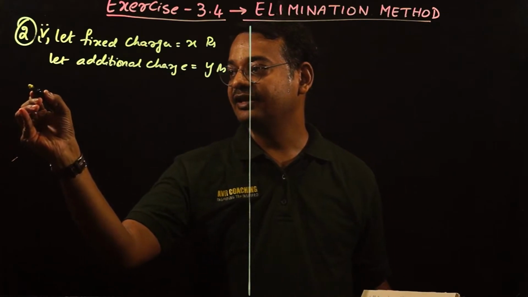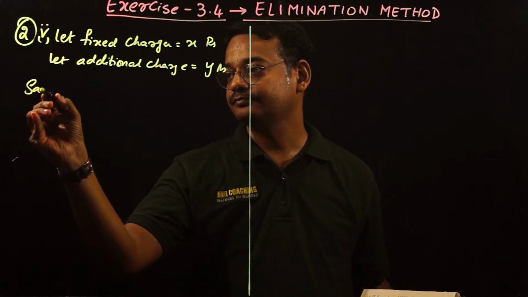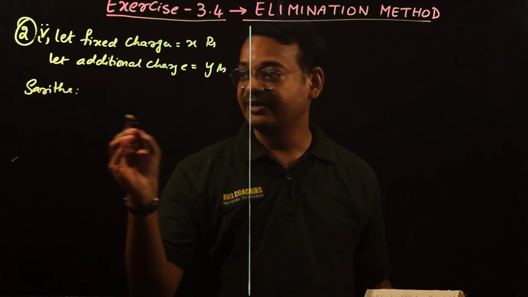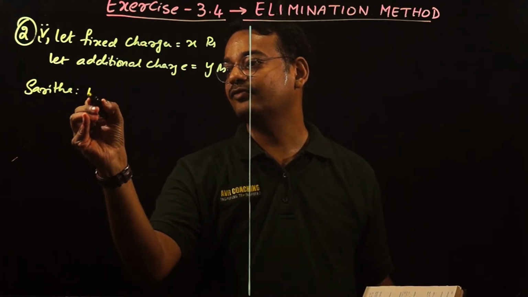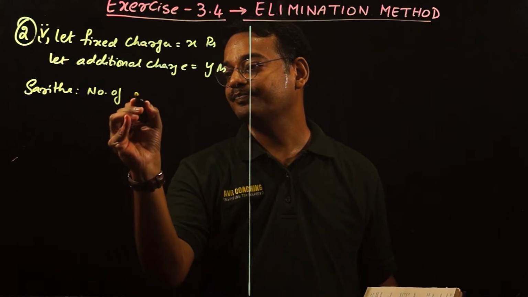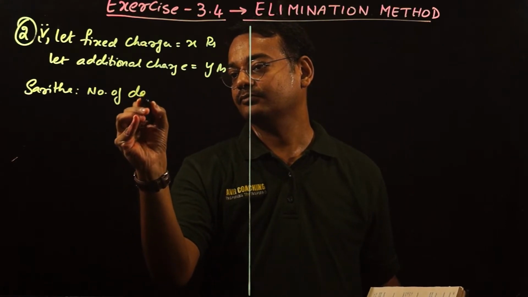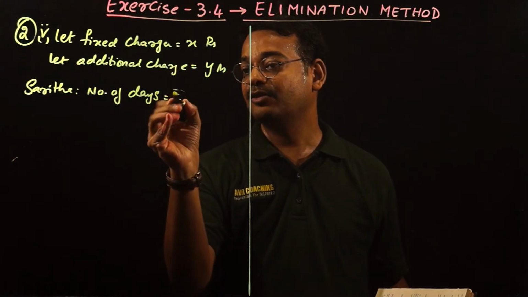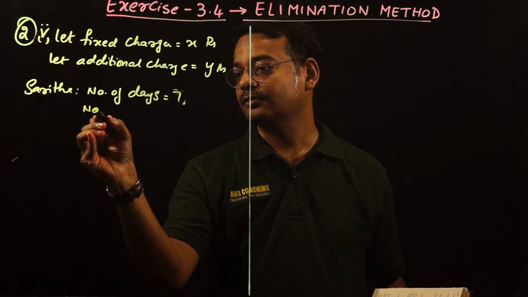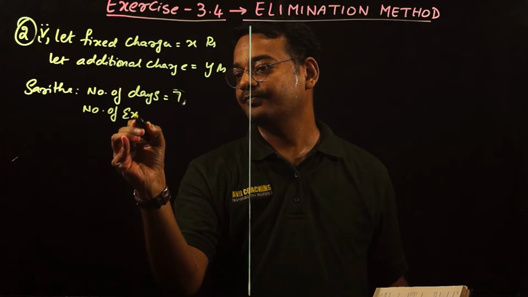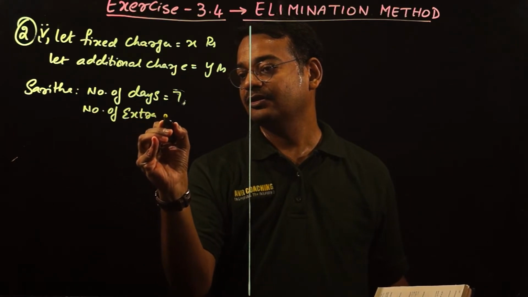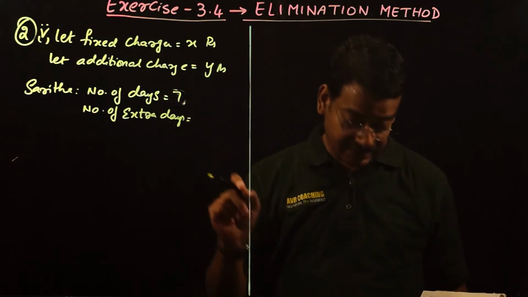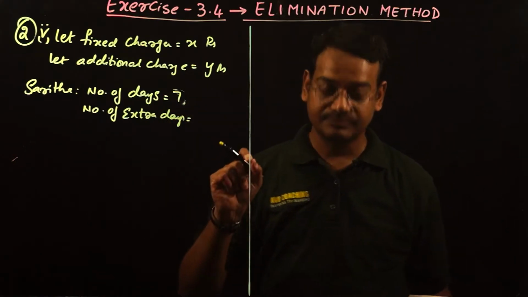Now, Sarita. If we take the condition of Sarita, she kept the book for 7 days. Number of days is equal to 7, but the number of extra days? When will the additional charges be charged?